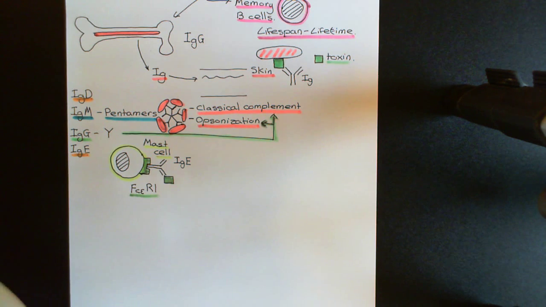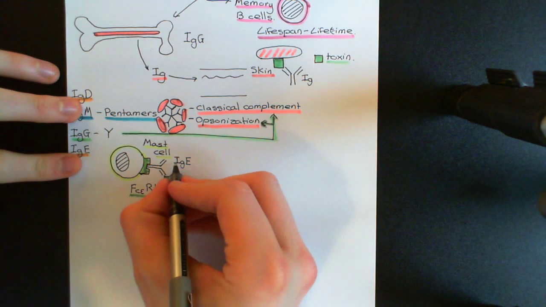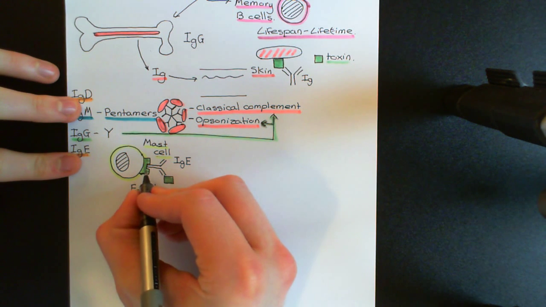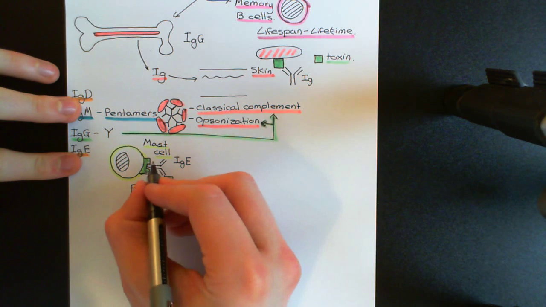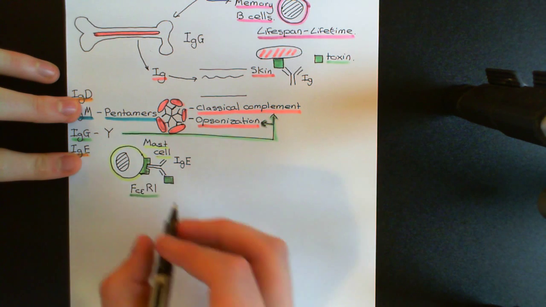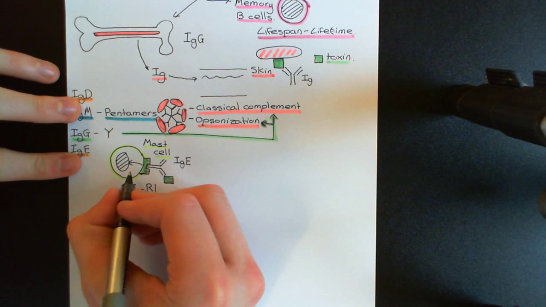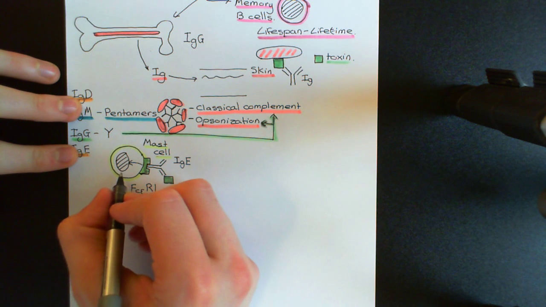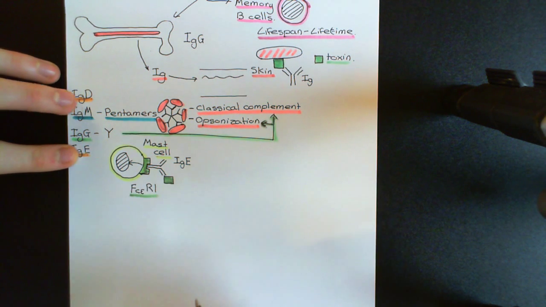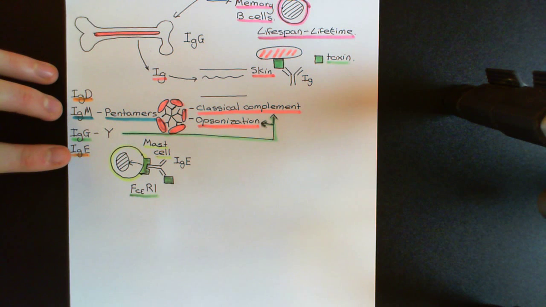Now the idea is that this structure that we've created here, this IgE molecule loaded on this Fc epsilon R1, can now function as a pattern recognition receptor because this is now capable of activating the mast cell to produce all of the pro-inflammatory mediators and kickstart the inflammatory response, just like any of the other pattern recognition receptors.